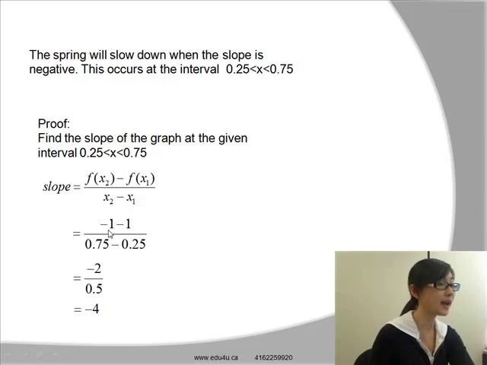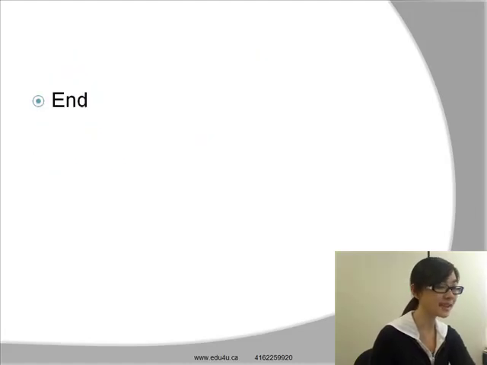At 0.75, the corresponding y value is negative 1. And when x is equal to 0.25, the corresponding y value is 1. Therefore, we have a final answer of negative 4, which is a negative number, so it proves that the spring will slow down when x is bigger than 0.25 but less than 0.75.